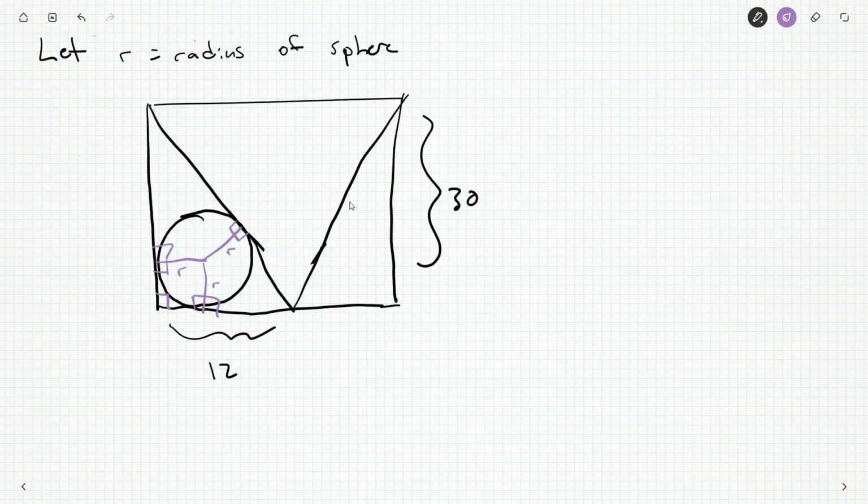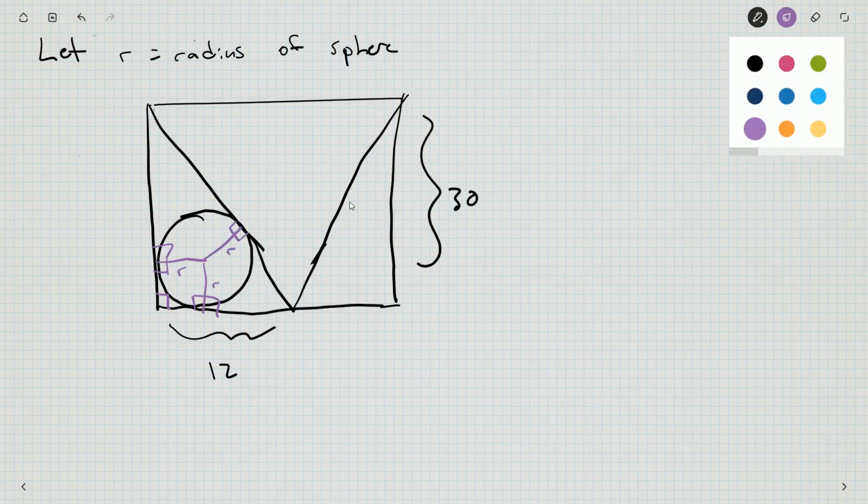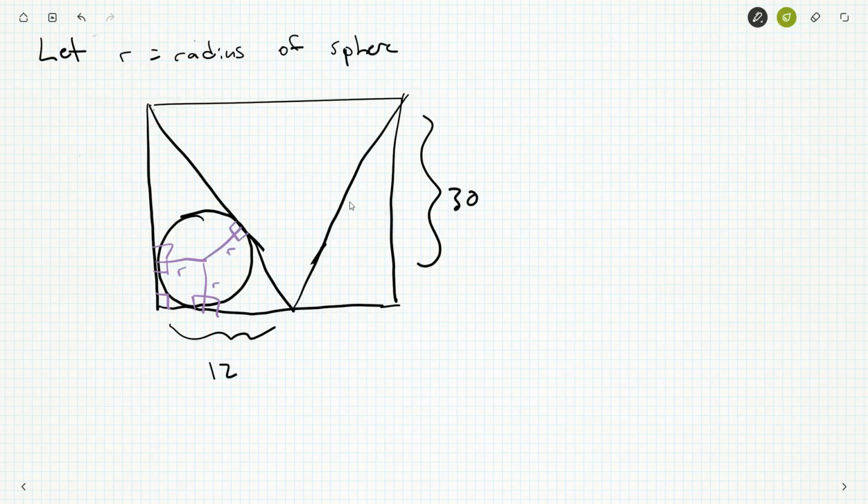So we need to get equations involving r, I would say. Definitely need equations involving r. So if I have an r here, and I know this whole distance is 12, then the distance from this point to this point is going to be 12 minus r. Okay. What's that going to do to help us?